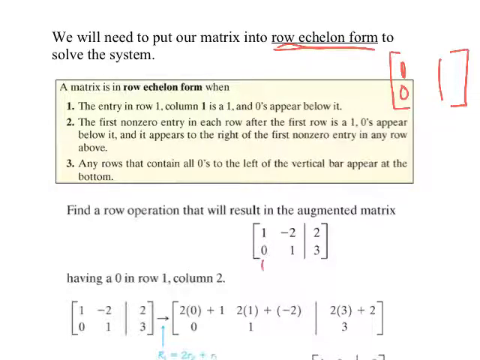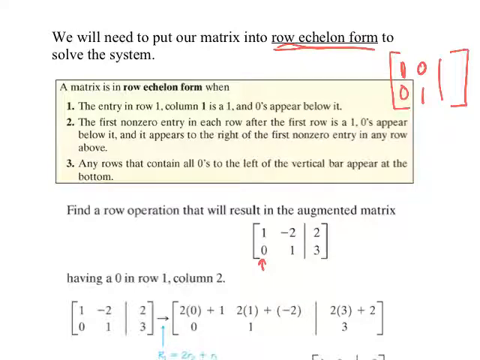And we actually already have that in this picture down here. And then we need to have the first non-zero entry in each row after the first row be a 1, zeros appear below it. And then any rows that contain all zeros to the left appear at the bottom. So you want it to look like this.